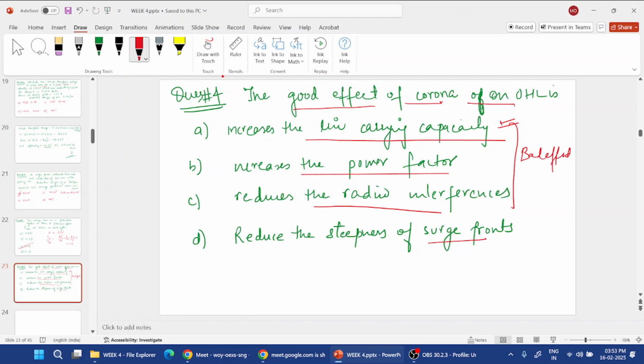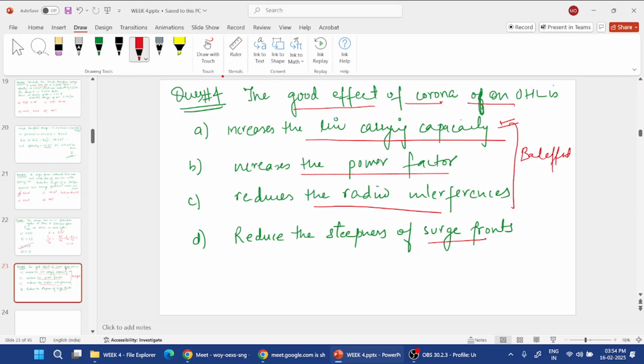For example, during any lightning strike or switching operation, high voltage surges travel along the transmission line. Due to these surges, they have a steep wavefront which poses a significant threat to the insulation or any other equipment.